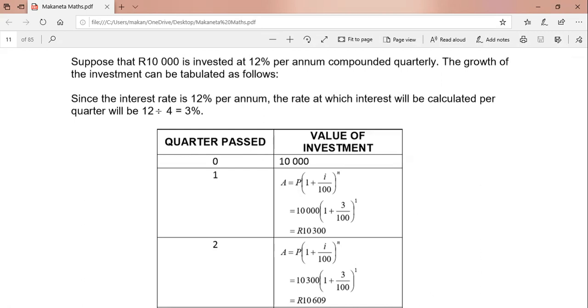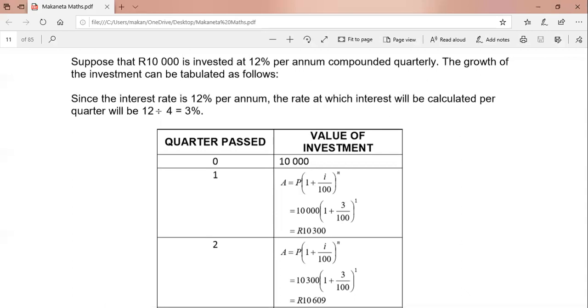For example, 4 quarters in a year, it simply means if the interest rate there is 12%, you will get 3% each quarter, because there are 4 quarters in a year. So if you divide 12 by 4, you have 3%.